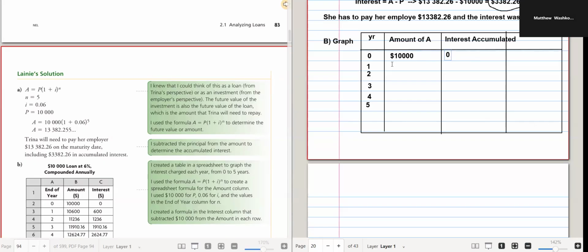In year 1, however, what's my interest that's accumulated here? How do I calculate that?